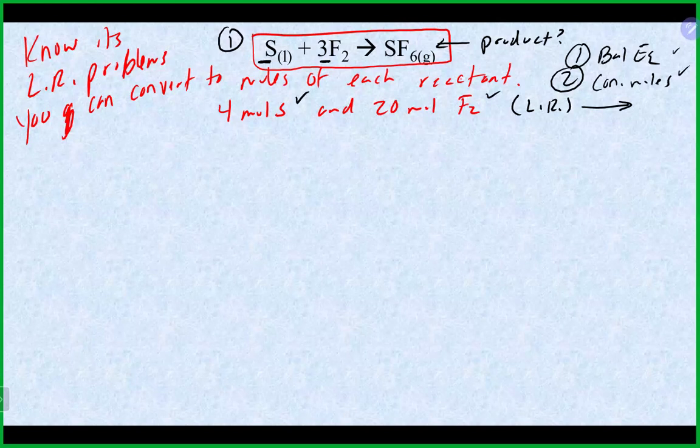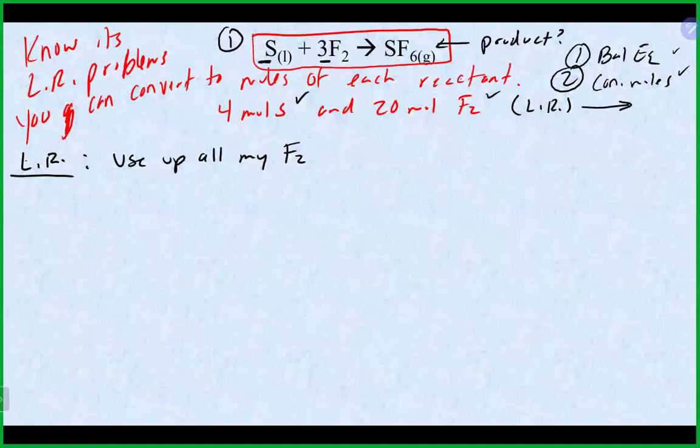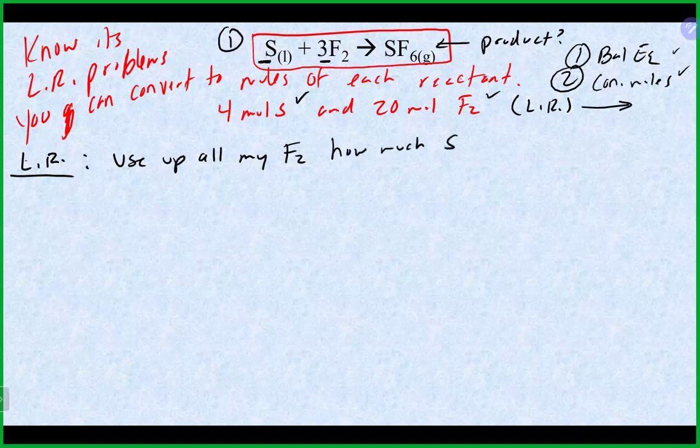So for example here, to determine which one's the limiting reagent, I want to know if I want to use up all my fluorine, how much sulfur is needed. And we can think of these original numbers as our starting amounts of each of these, right? We got 4 moles of sulfur and 20 moles of fluorine in there.